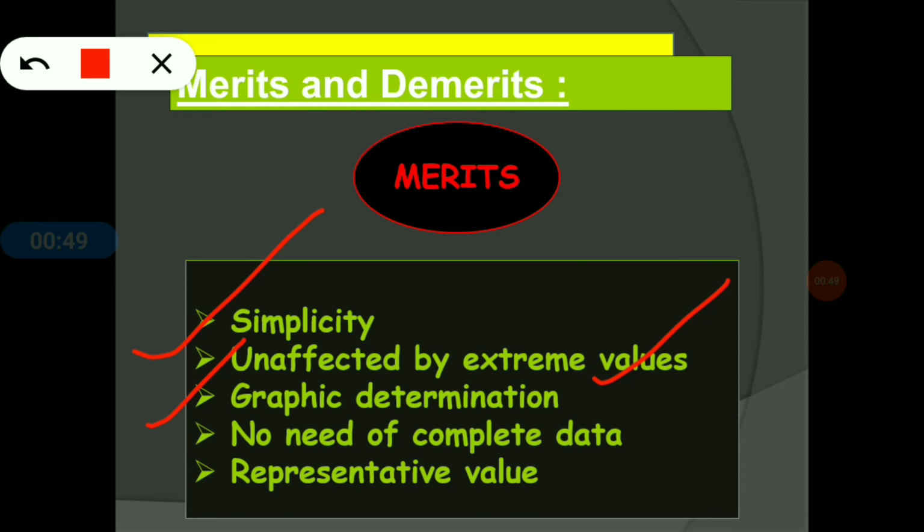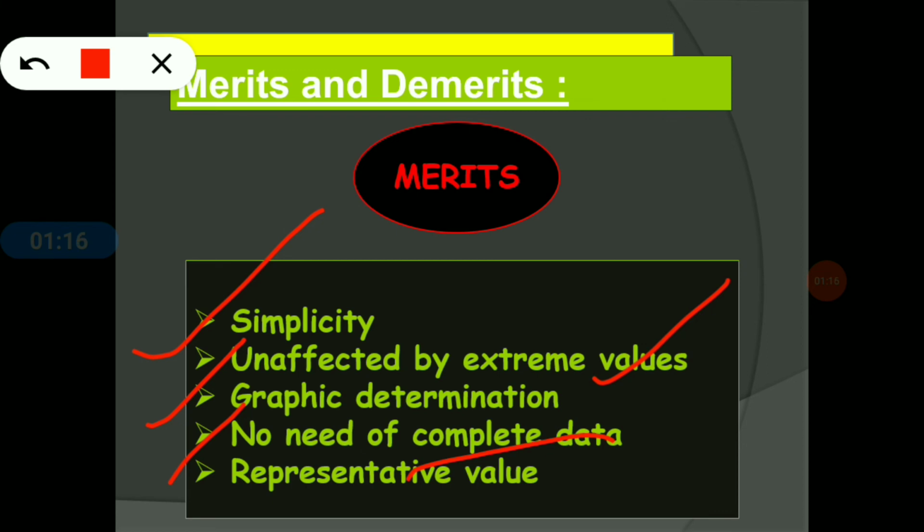Now going to the fourth one, that is there is no need of complete data, okay. When all items are not known, the mode can be computed, because it is enough to know the value which has the highest frequency only, because it occurs the maximum number of times in a series.